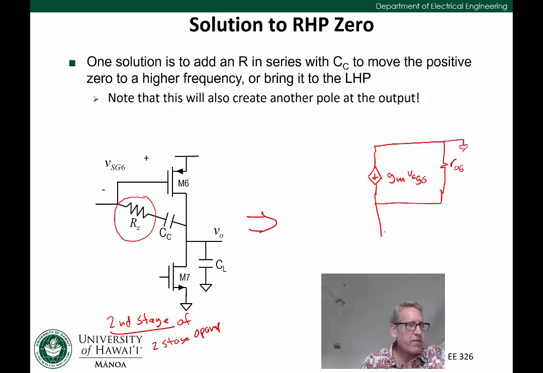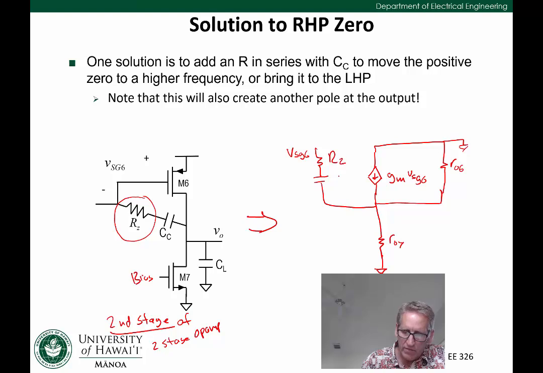Then transistor M7 is only going to have a bias voltage on it, so there's no small signal there. All we're going to see is RO7. We're going to see no change on the GM from transistor M7. And then coming in here, we're going to have a resistor and a capacitor, with VSG6 as their input voltage. This is RZ and this is CC.